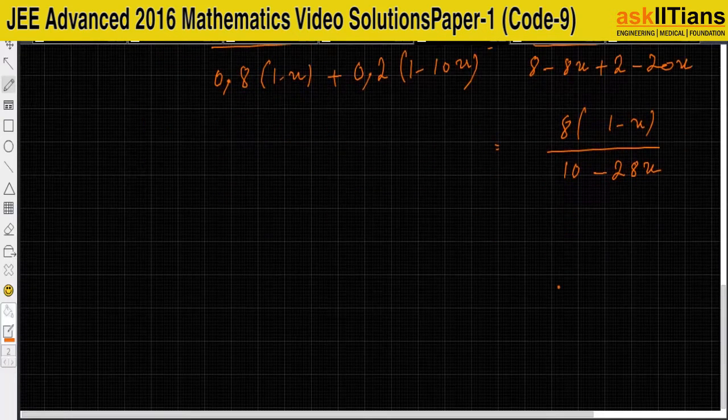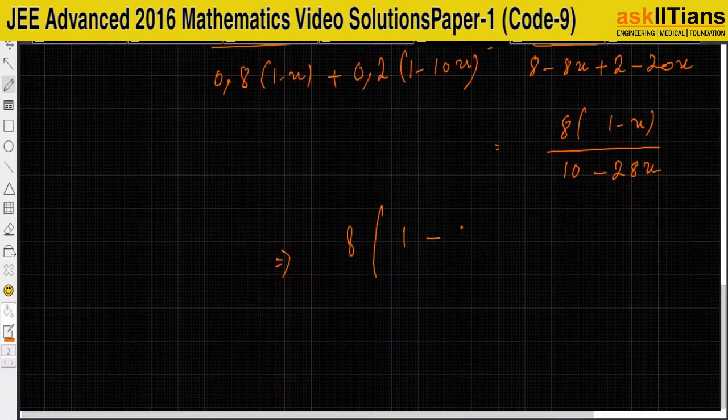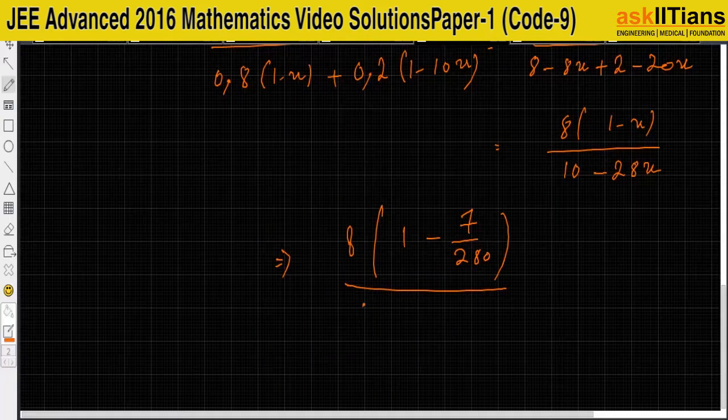Now put the value of x. 8 into 1 minus, what is the value of x? The value of x is 7 by 280. 7 by 280 divided by 10 minus 28 into 7 by 280.